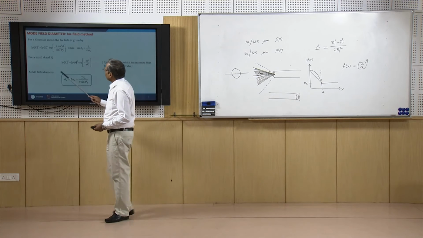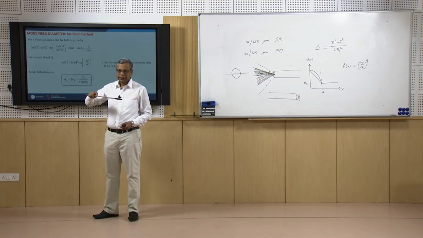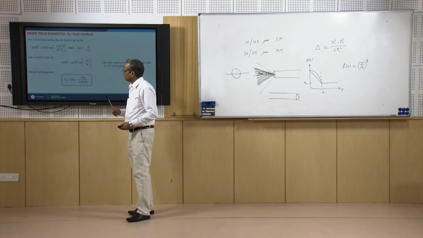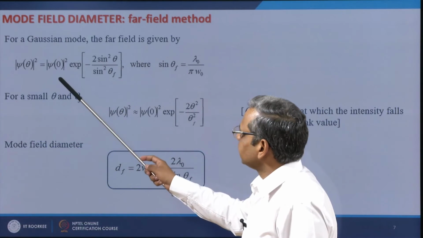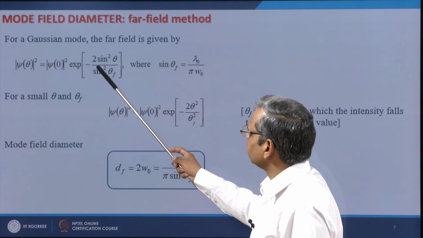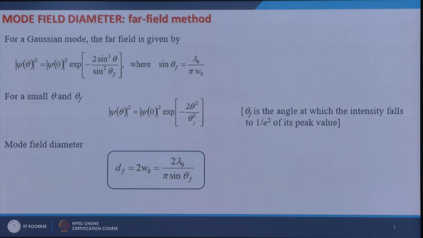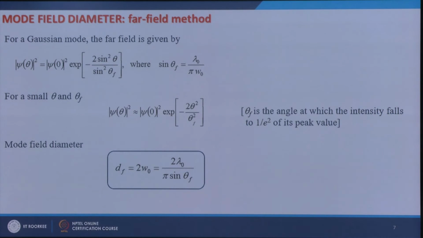So, in the far field, if I scan the intensity along theta, then psi theta is given by psi 0 squared exponential minus 2 sin squared theta over sin squared theta f, where sin theta f is lambda naught over pi w naught.